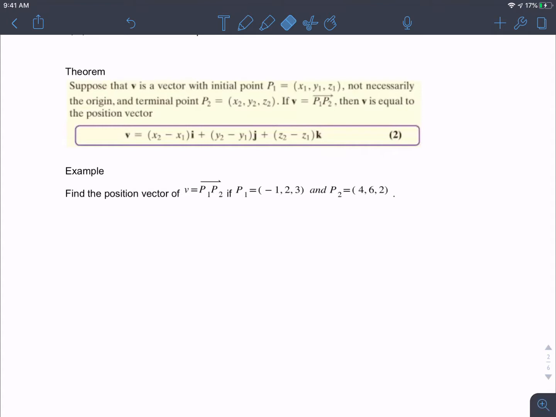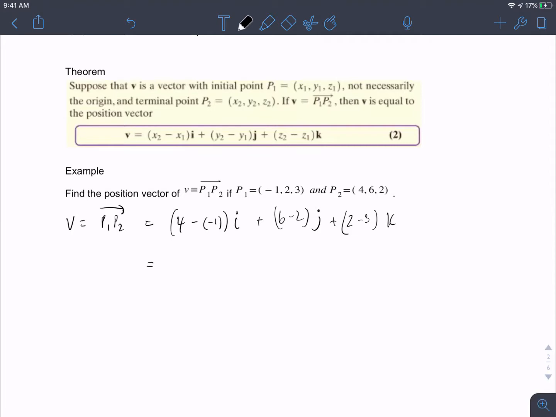We're going to let v equal P1 to P2. The way we're going to get this is we're going to go 4 minus a negative 1, and we'll call that i, plus 6 minus 2, j, that's the direction it's going in, plus 2 minus 3, k.